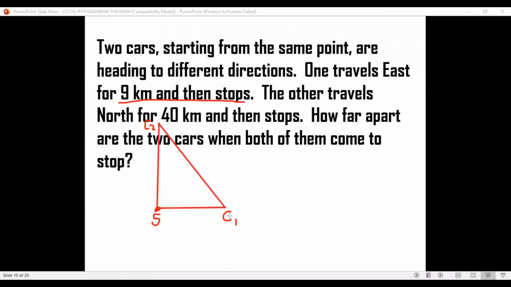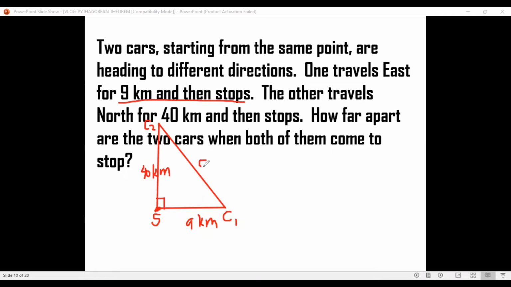So as you notice, we are able to form a right triangle. So again, it is very important that we are able to analyze the problem that we are dealing with. So therefore, we can say that this is now 9 kilometers and then this one will be 40 kilometers. And so since we have this as your right angle, we know that this is the side which is missing and that is the opposite side, and we will let this now be the hypotenuse.